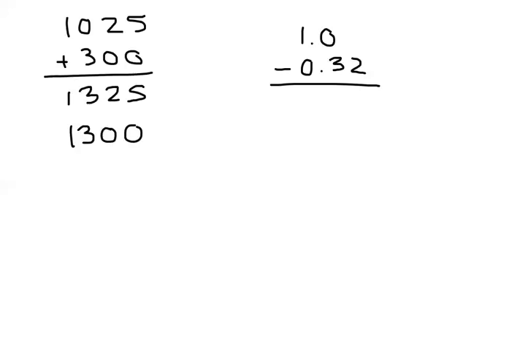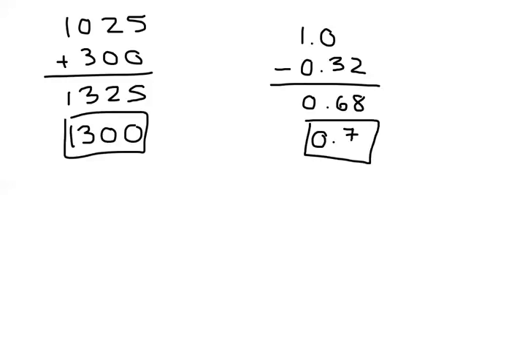Just normally, if we did the math without thinking about significant figures, we would get an answer that was 0.68. We have to round that though to 0.7 because our answer can only be specific to the tenths place. So we have 1 significant figure in our answer.